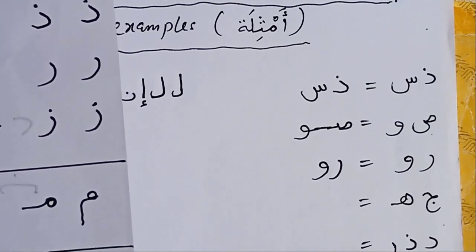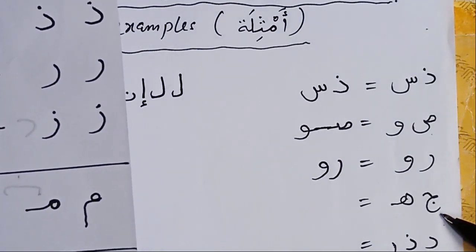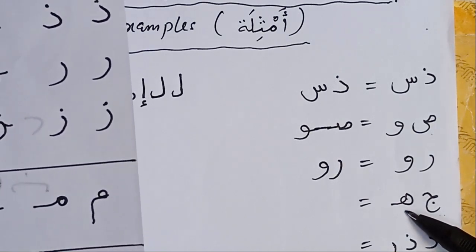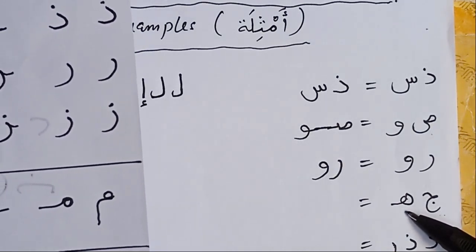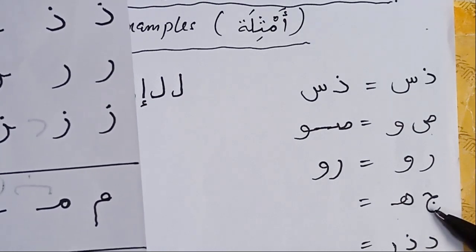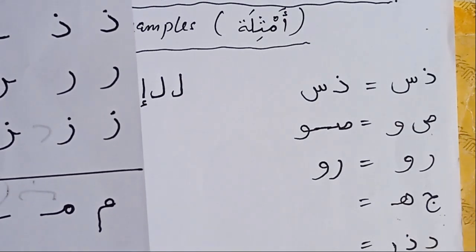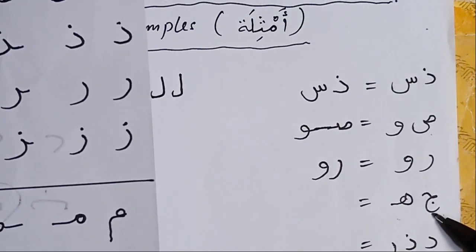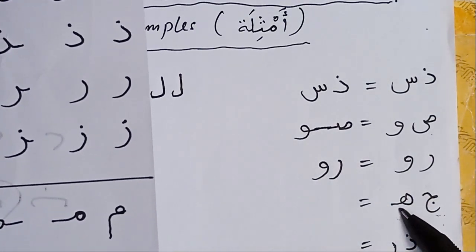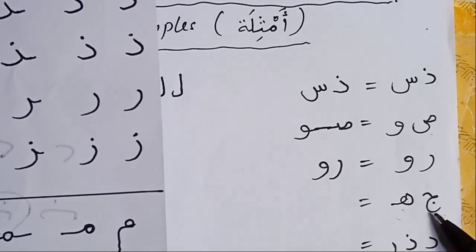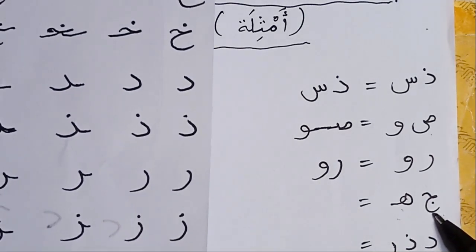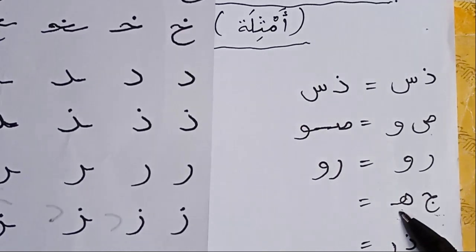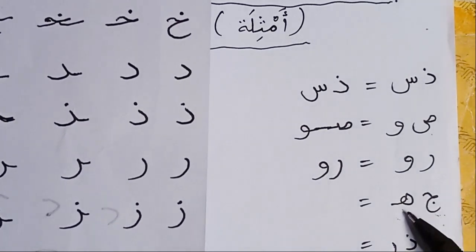The next one is Jim from the joint letters and Ha from the joint letters, which means both can be joined together. In order to join this, we consider the Jim to be the beginning and the Ha to be the end. So we look for the Jim of the beginning of the word and the Ha of the end of the word, since they can both be joined together.